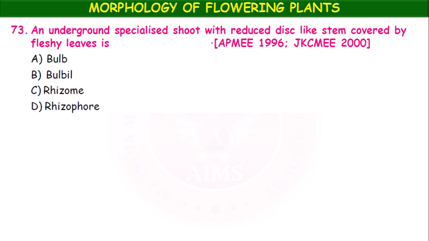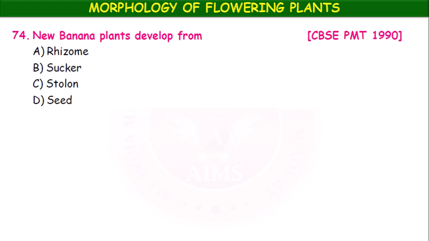An underground specialized shoot with a reduced disc-like structure covered by fleshy leaves is bulb; this is also completed.